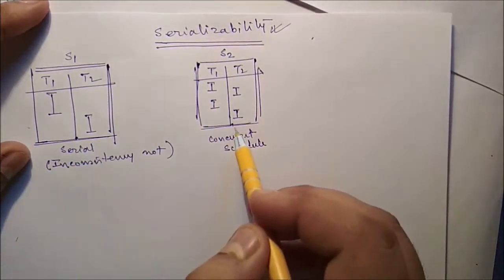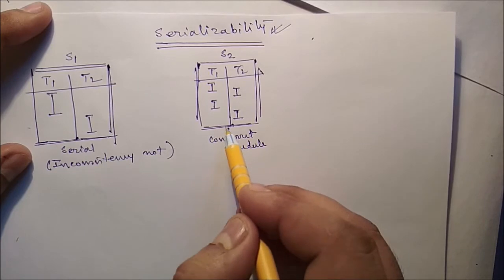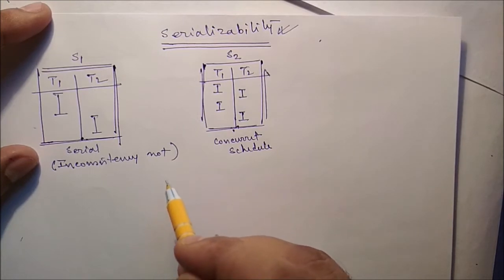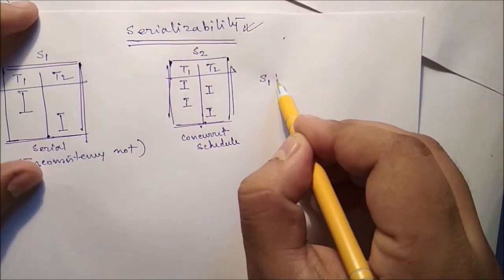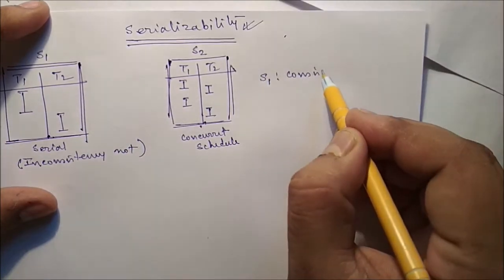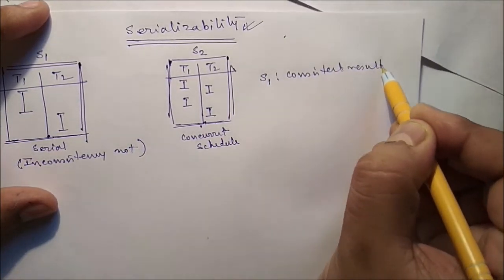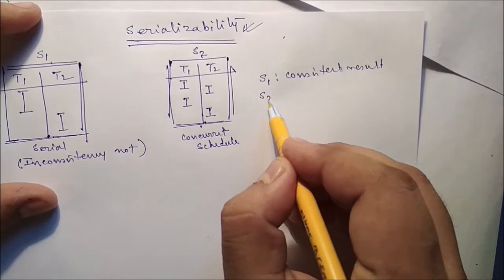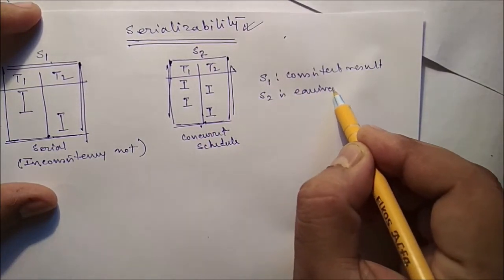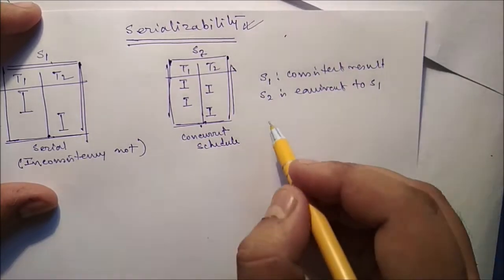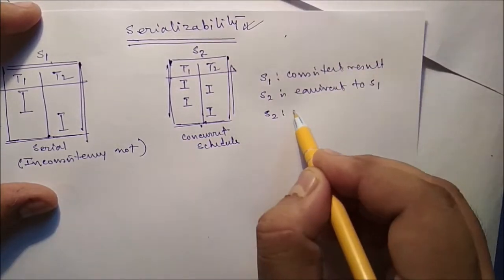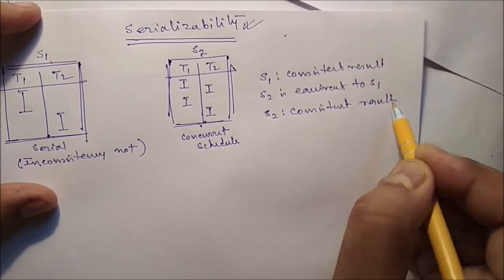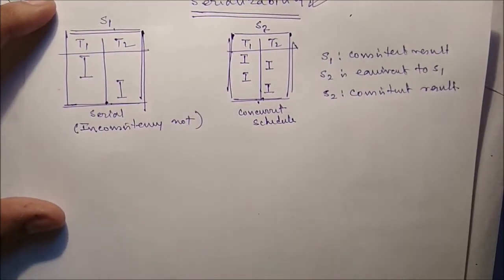If S2 is equivalent to S1, and S1 always produces a consistent result, then we can say S2 will also produce a consistent result. That is the main goal, that is the main concept.